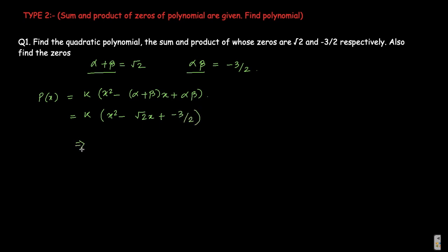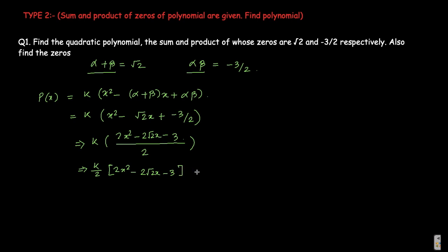Now we can make it simpler by multiplying by 2: 2x square minus 2 root 2 x minus 3, taking k by 2 out.